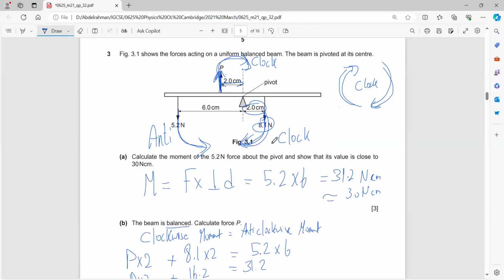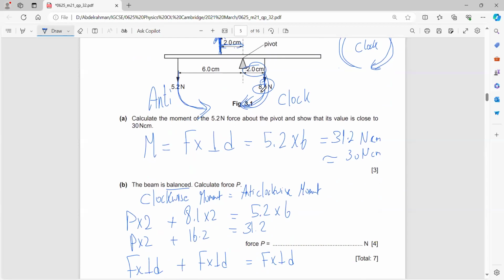The only one which is anti-clockwise was 5.2 times 6. This is the only anti-clockwise moment we had. What about the clockwise moments? We had 2 times p, or p times 2, plus 2 times 8.1. That's it.